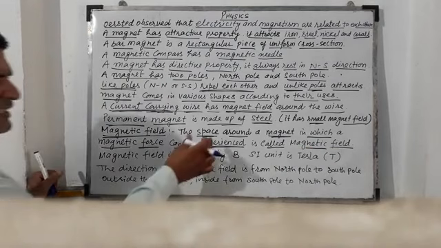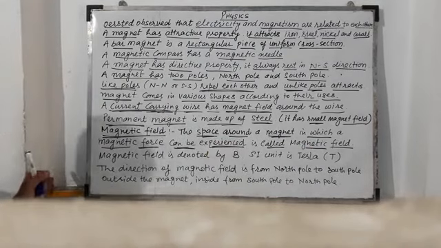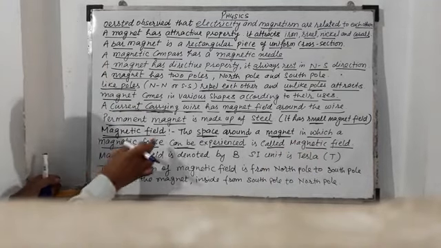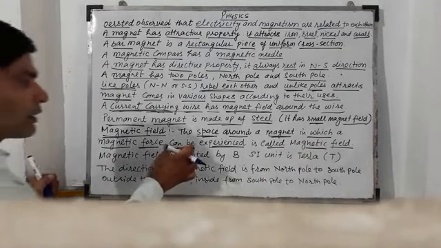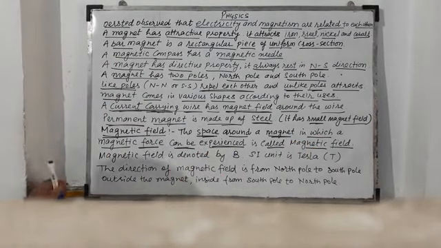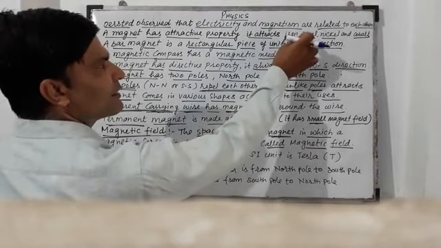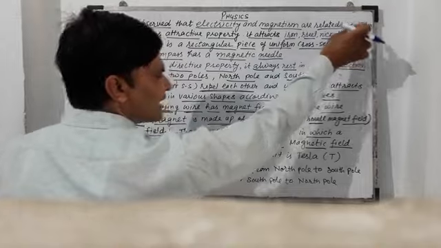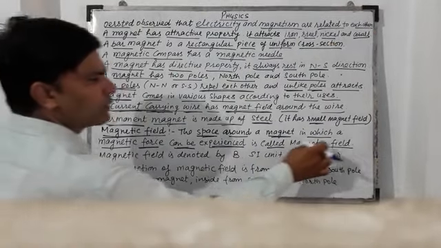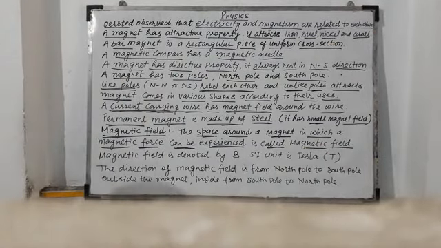Once again, the space around a magnet or current carrying wire in which a magnetic force can be experienced by magnetic material like iron, steel, nickel and cobalt is called magnetic field.